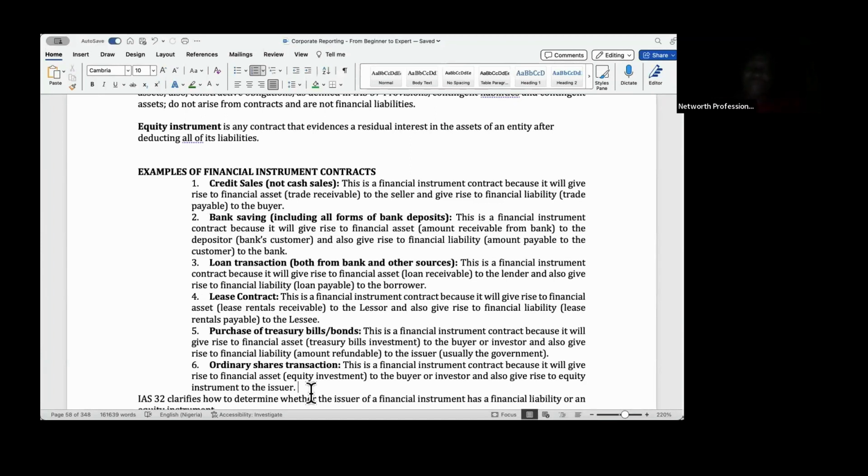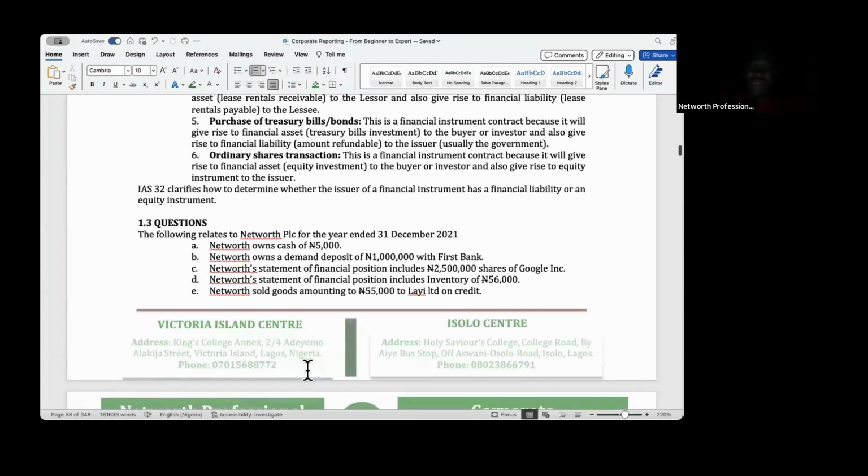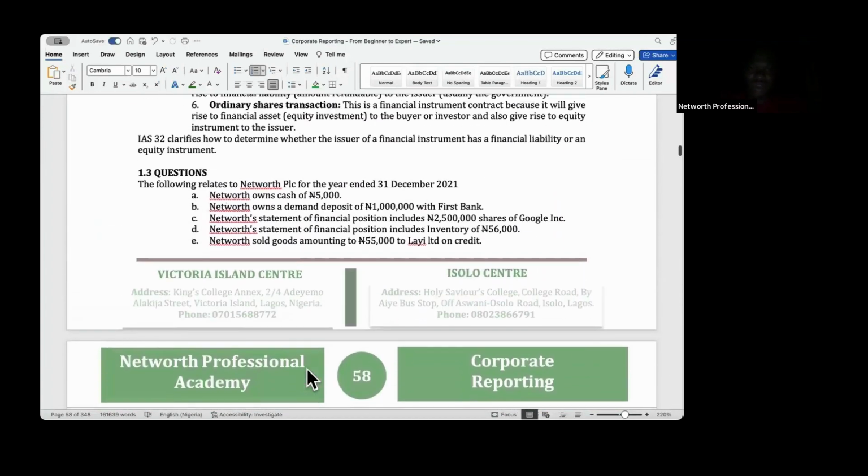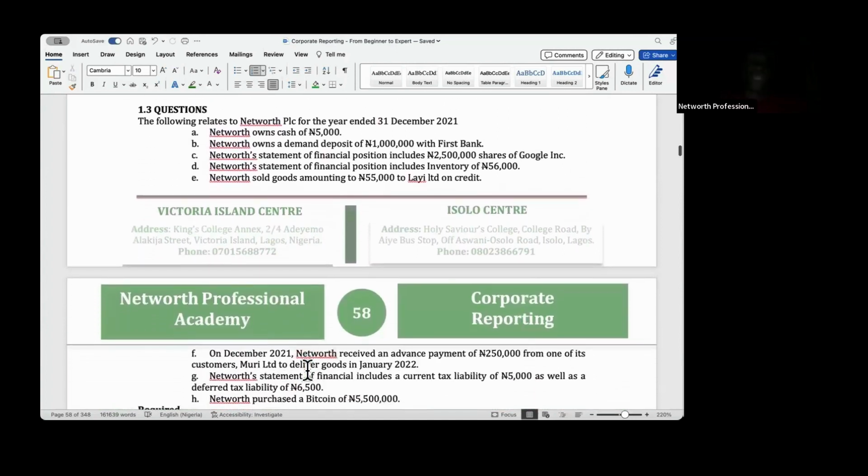Majorly, the last one they tested on this area is 15 pure marks. They are just trying to see whether you understand the definition of a financial instrument contract.